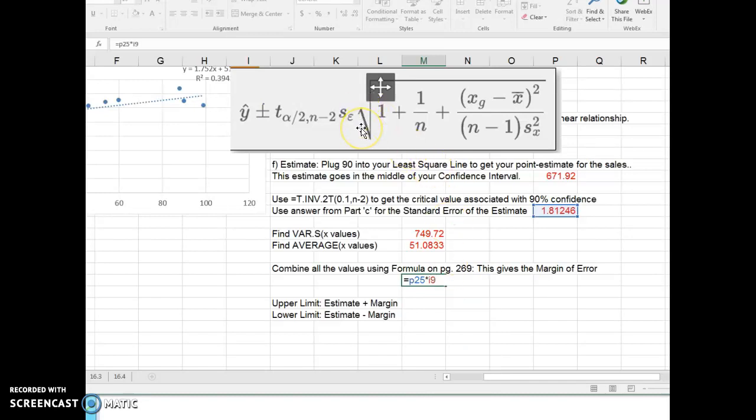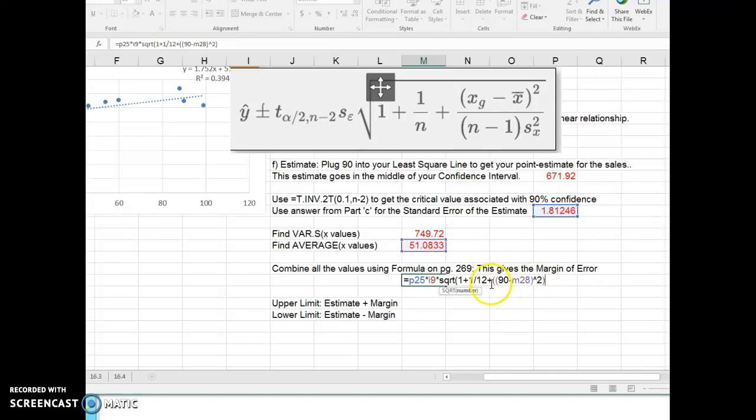And then multiply all that by the square root of 1 plus 1 divided by my sample size, which is 12, plus, and now I'm going to do the value I'm trying to plug in, which is 90,000. We're plugging 90,000 in our advertising, minus the mean of our X value. So I have that here in M28. That whole value squared.